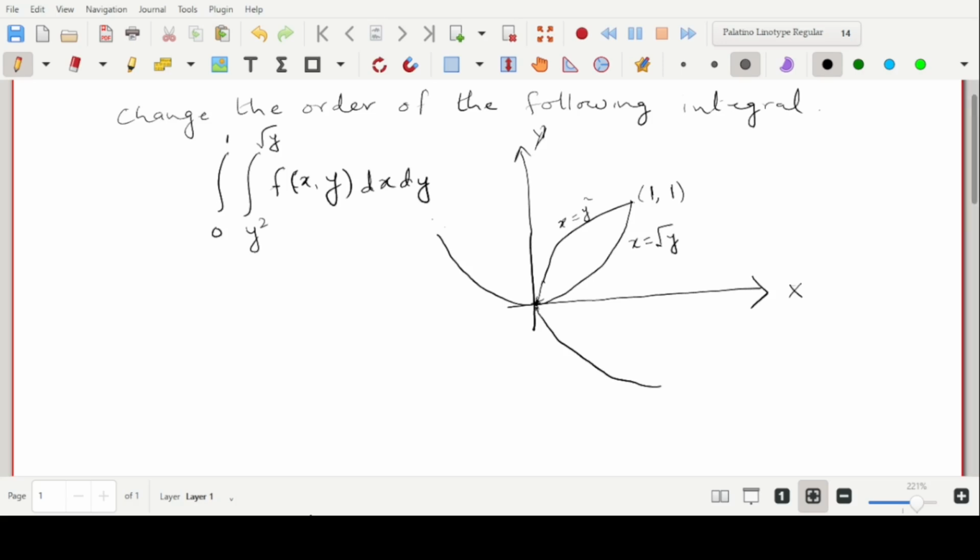So it is exactly y equal to 1, and this is 0. So y is running from 0 to 1 here, and for every such y that lies between 0 and 1, x is varying from y square to square root of y, and in this way we get our region.